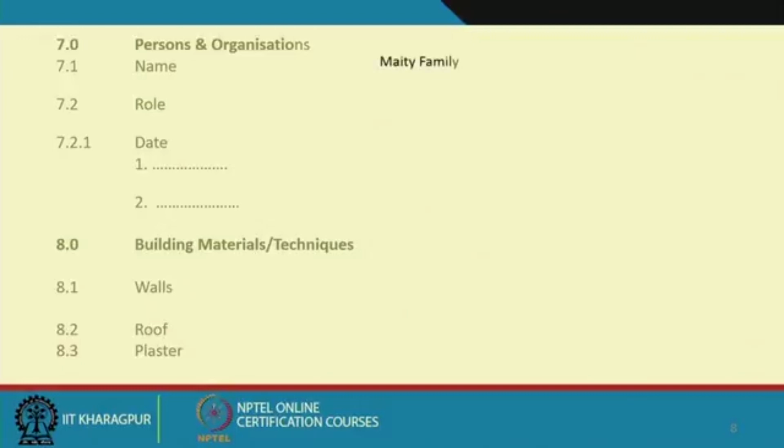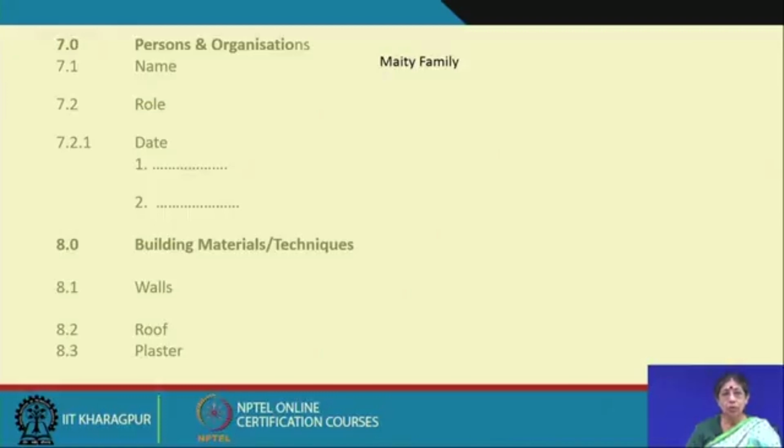In this case the persons are the Maiti family, and one must also take care to record the name of the contact person who actually owns it. This also has to be documented for further reference in future work. And then the role. In this case it is the owner; sometimes they can be tenants, sometimes occupants. There can be many more possibilities, and the ownership can change over the years, so one has to document that.